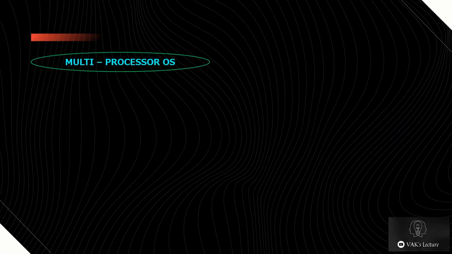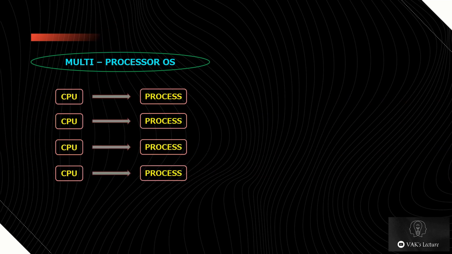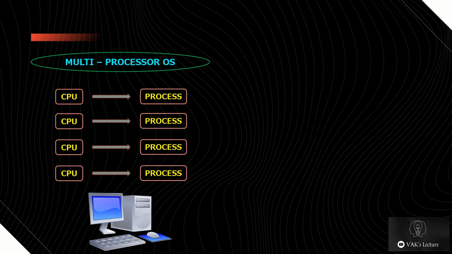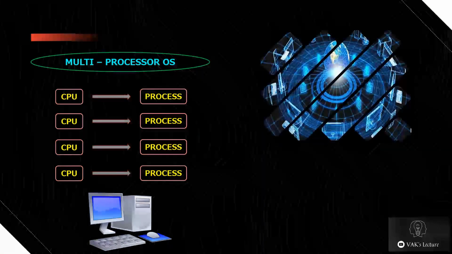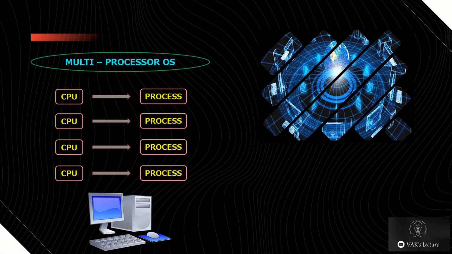Already we have seen that a multiprocessor operating system is used to distribute the work in process on multiple processors in a single system. But in today's world, it is really hard to manage everything on a single computer system. There is a requirement of a group of computers to distribute the day by day increasing workload.